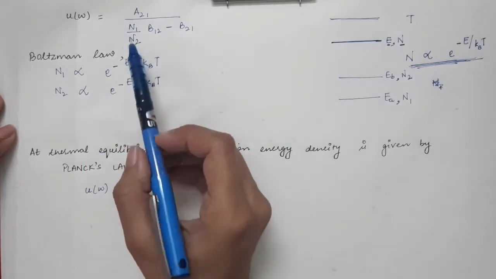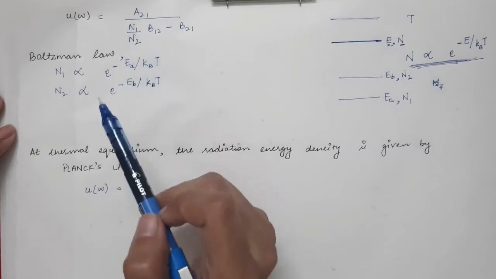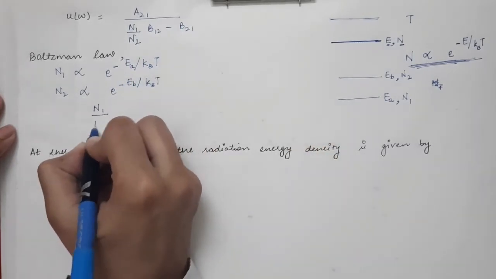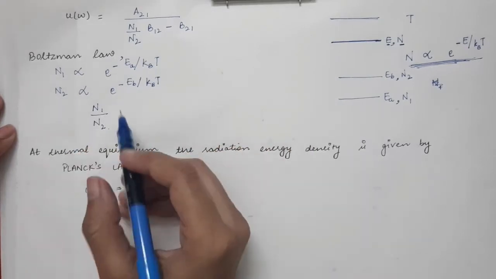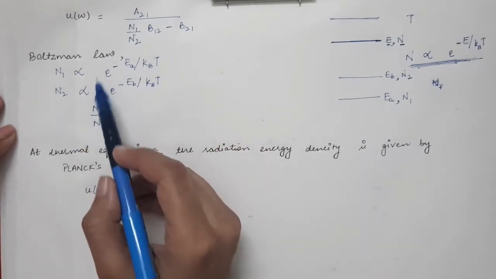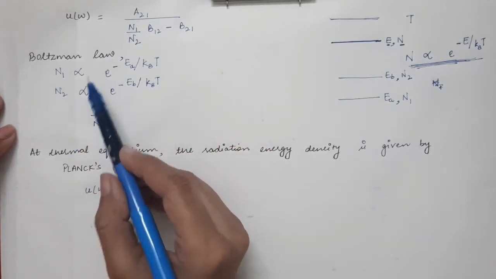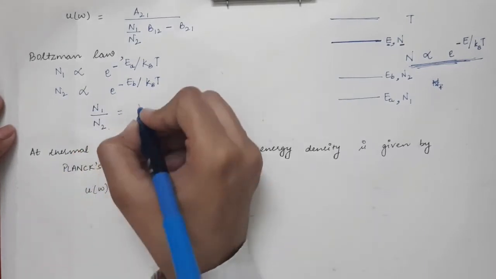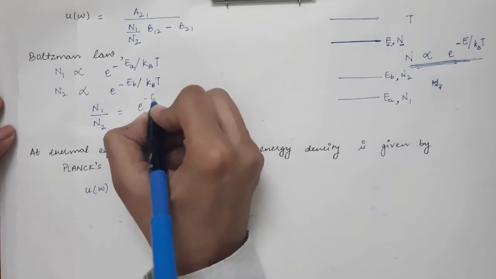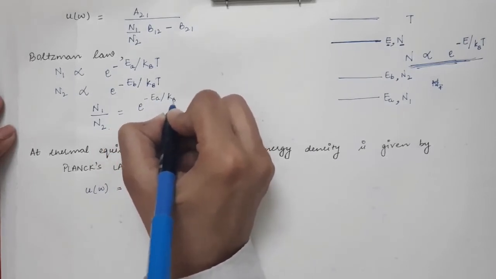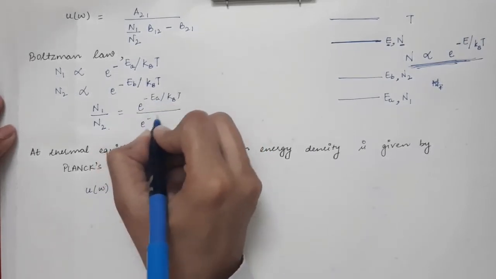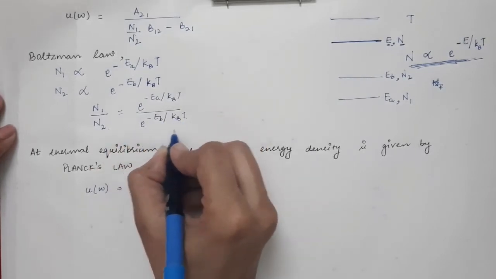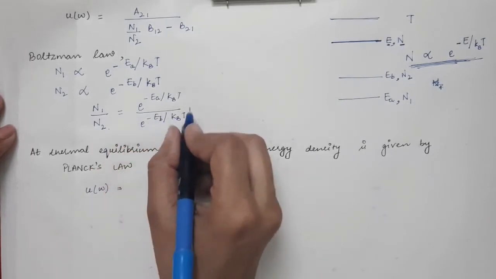Now what do we want? We want N1 divided by N2. There will be some proportionality constant, and when you take the ratio, they will cancel with each other. So this will be equal to e power minus EA divided by kBT, divided by e power minus EB divided by kBT. Now you will take the factor in the denominator into the numerator.